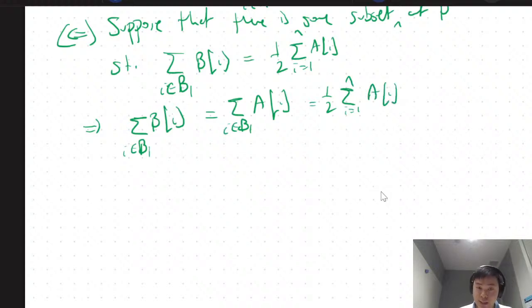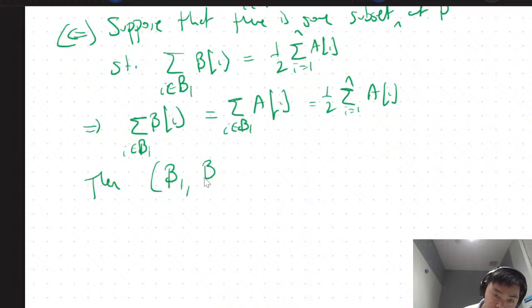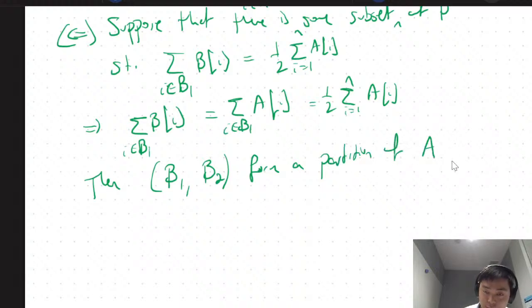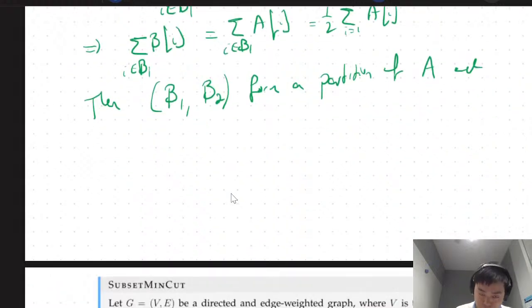So what I can do is look at the remaining indices. All of the elements that are not in B1 actually form the other part of my partition. So B1 and B2 form a partition of A, and I just need to check that B2 actually sums to the same thing as B1.